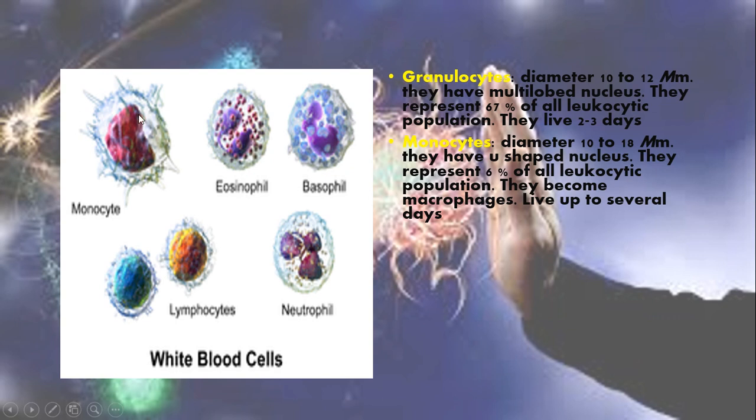As for the monocytes, as you can see, the monocytes have a horseshoe-shaped nucleus. They have a diameter of 10 to 18 micrometers, and they represent only about 6% of the leukocytic population. When we say leukocyte, we mean white blood cells. They have a very important capacity of transforming to macrophages.